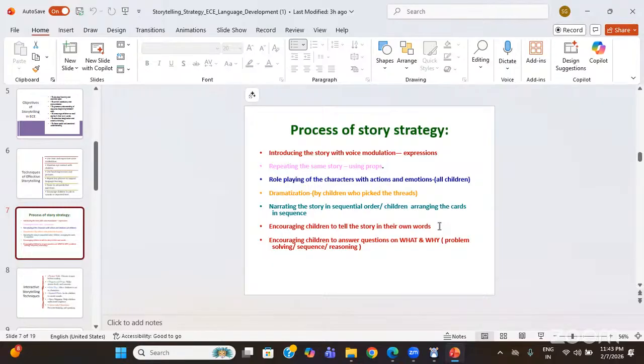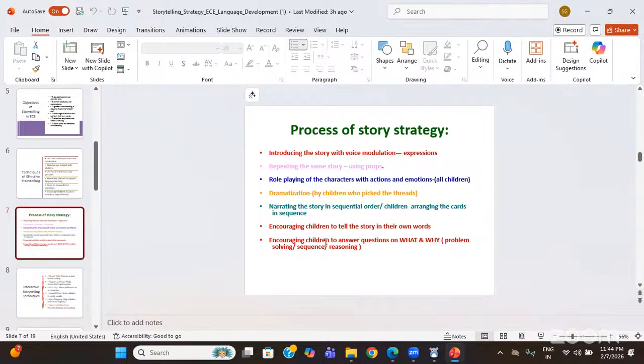Next, the same story is role played by all. Next, the same story is dramatized. Next, the story is narrated using the cards and arranging them in a sequence. Next, the children are encouraged to tell it in their own words.